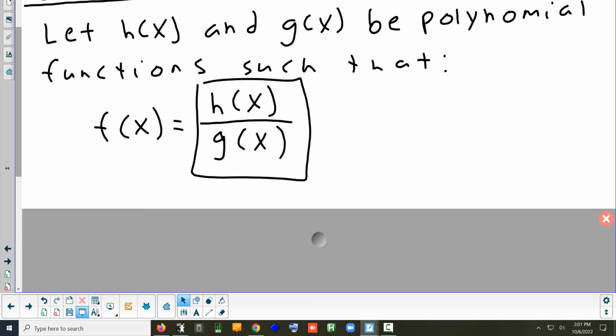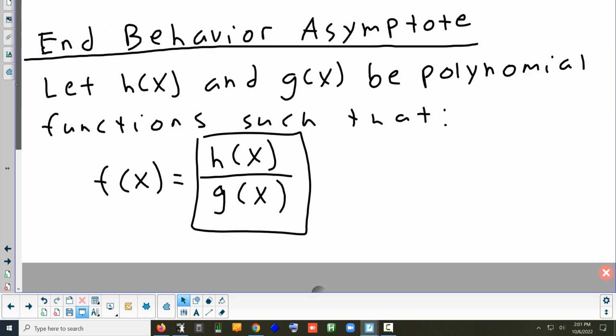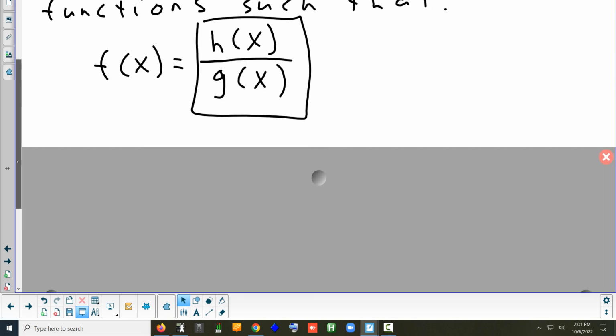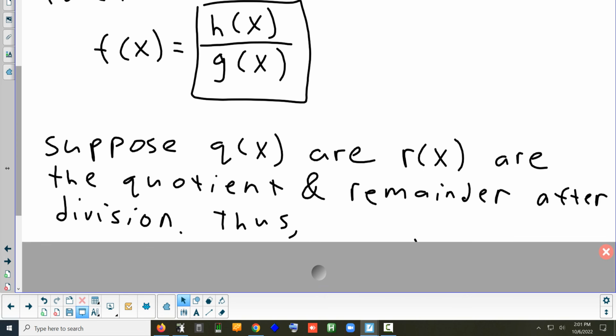We did long division. When you divide something out, what do you call the answer when you divide two numbers? It's called the quotient. So when you divide, you get a quotient, and what's the other thing you get? You get a remainder.